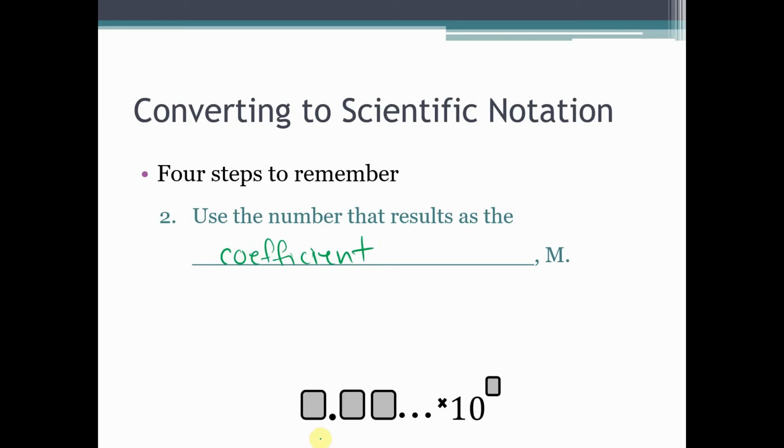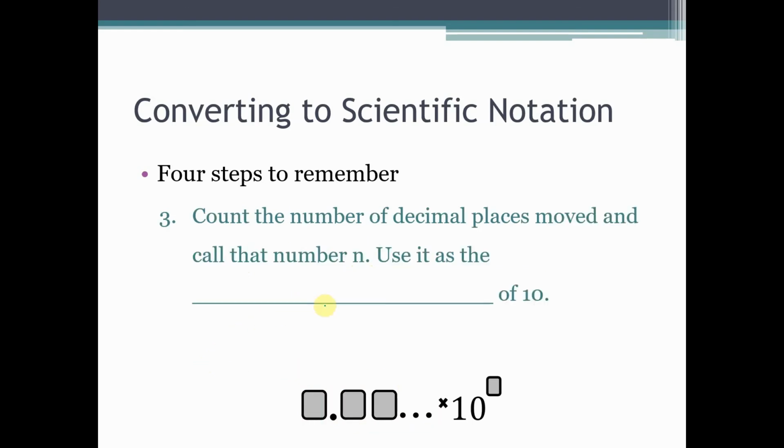Which we call m. So once you've moved your decimal point around until you have something point something something something, this whole number out front becomes the coefficient. Step 3 is to count the number of spaces that you moved and call that number n.